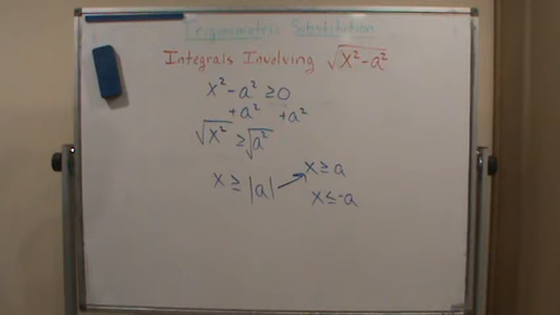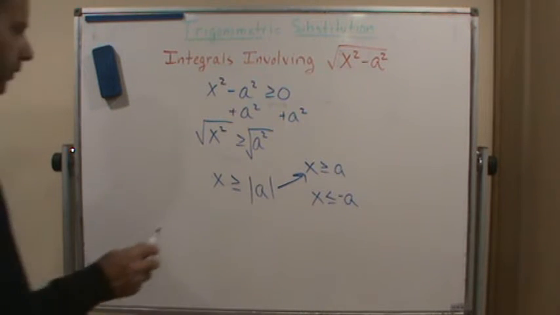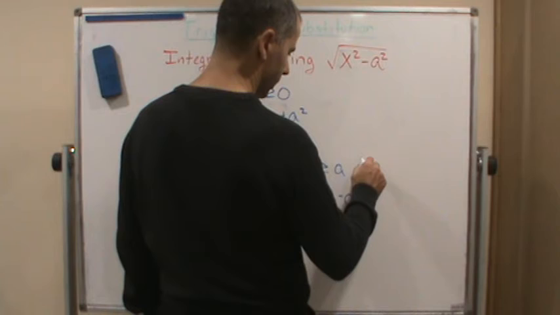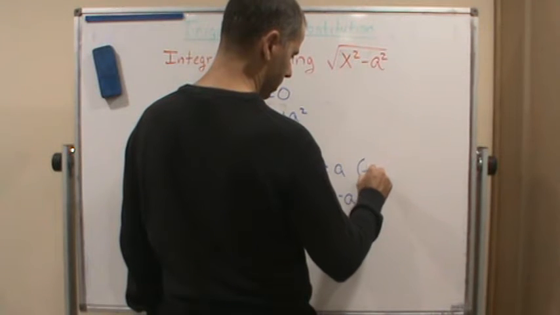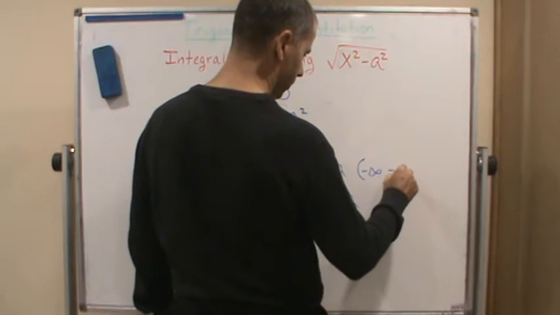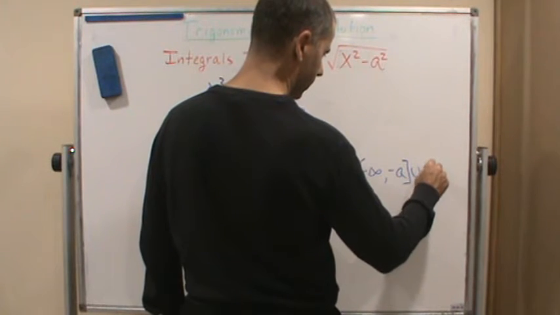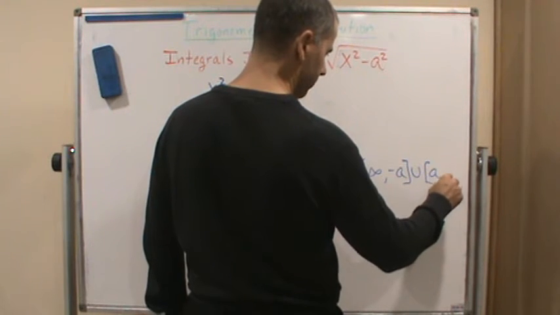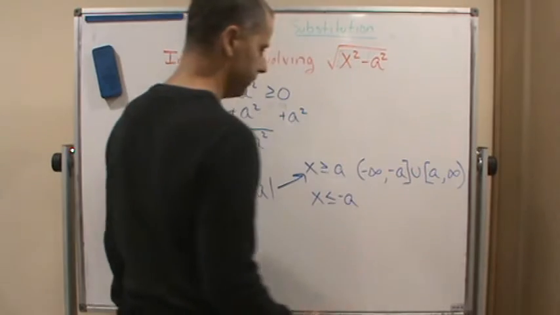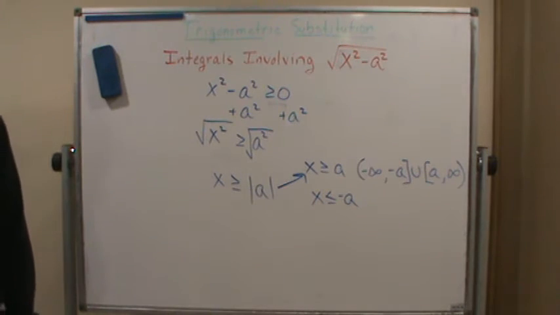So that gives us a union of two intervals. This means the domain is from negative infinity to negative a, union a to positive infinity.